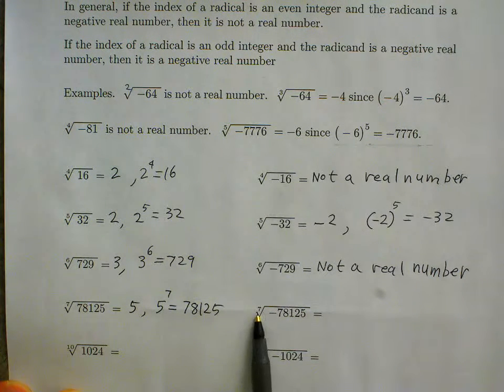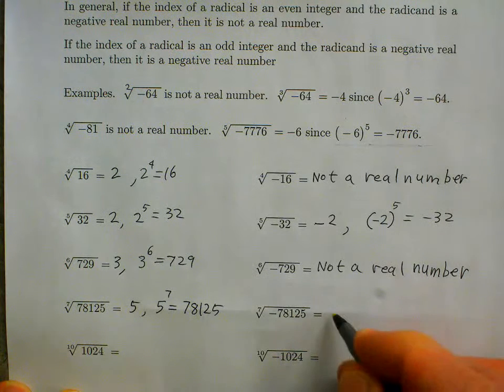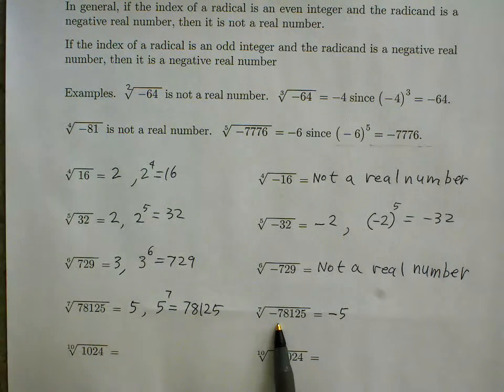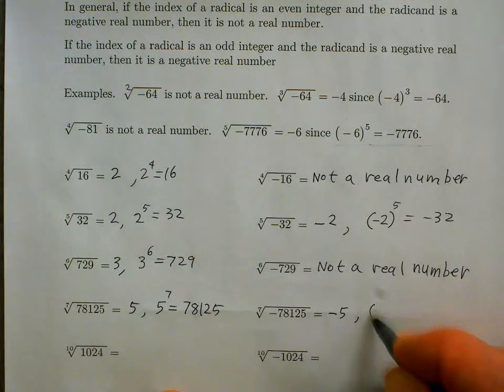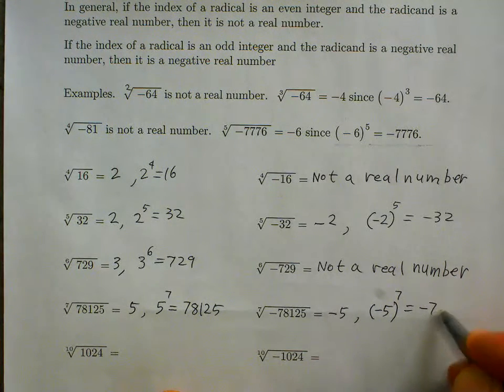And so the seventh root of negative 78,125 will be equal to negative 5. The index is odd, and the radicand is negative, so it's equal to a negative real number. And if you raise the number negative 5 to the seventh, you get negative 78,125.